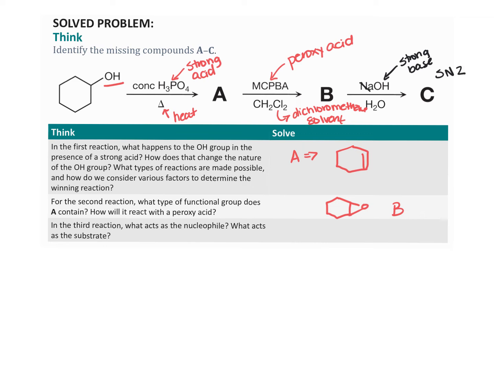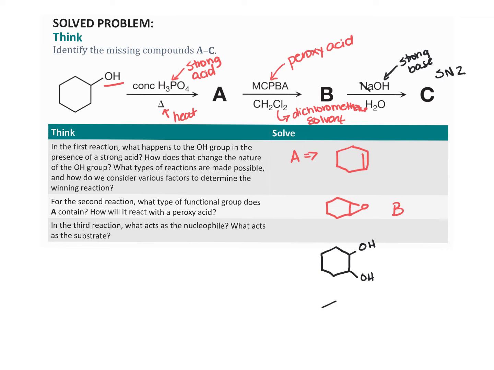So this is an SN2 reaction, right? And so when we do this, we open that up, we end up with an OH here and an OH here. But we also need to remember the stereochemistry, okay? This stereochemistry with the OH is going to be trans.